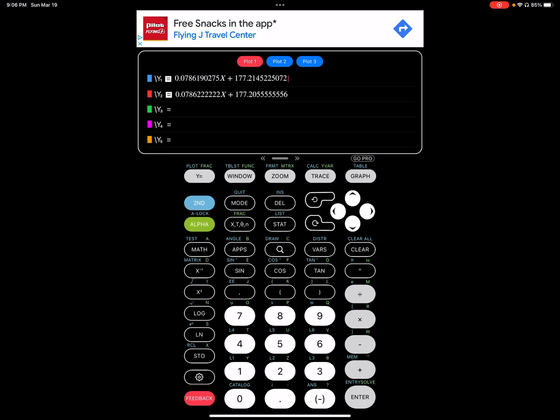Let's look. Let's go to graph. Let's look at Y equals. It's going to be in red. Do I not have, is it the same one? Let's turn off, you know how to turn this off? Plot 1. Nope, plot 1's fine. Let's see if I can make it turn off.